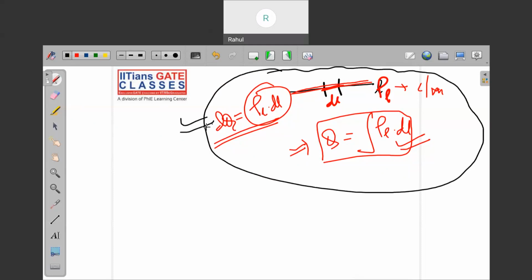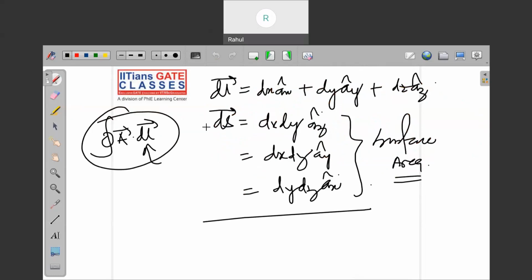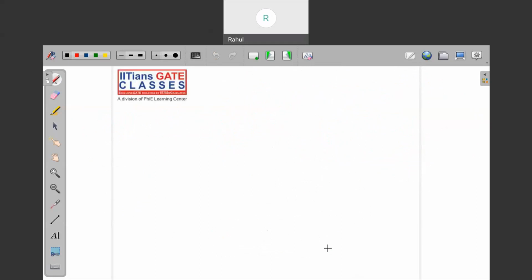So this is going to be your surface area, and here you can also write your dv. dv is going to be dx dy dz, and your volume is basically the product of these. So I hope this is clear for the Cartesian coordinate system.